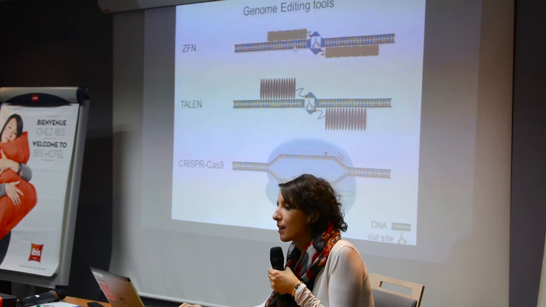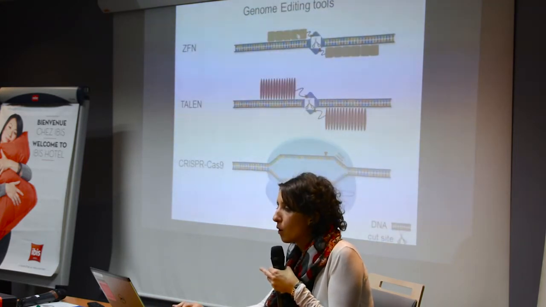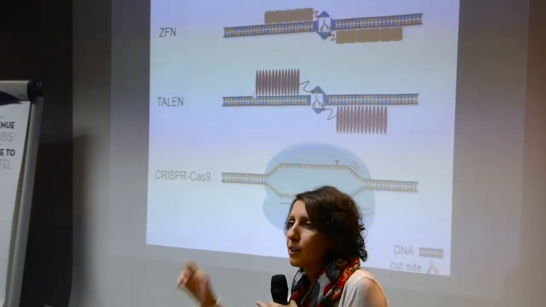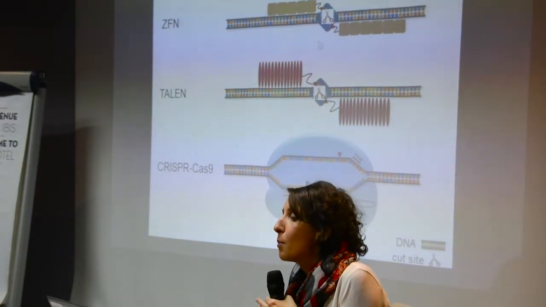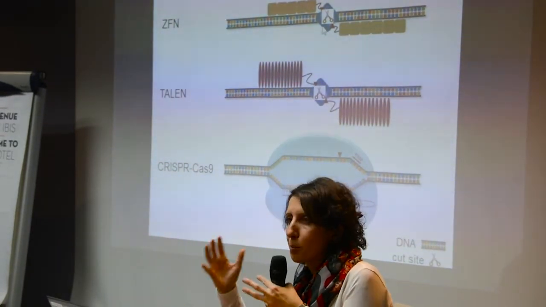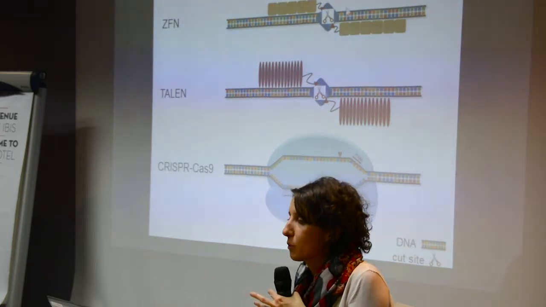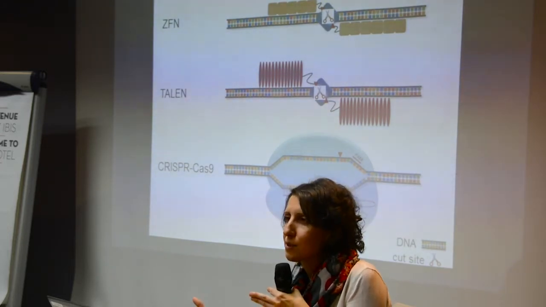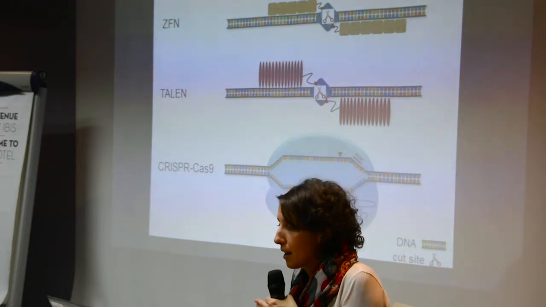Thanks to their domain, this one in yellow for the Zinc finger and this one in red for the TALEN, they can target a specific region in the genome. Moreover, they have another part of the protein, the nuclease part, which is basically molecular scissors able to cut the genome, the DNA.